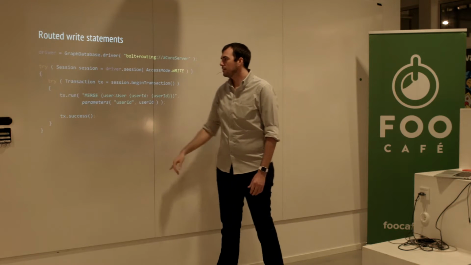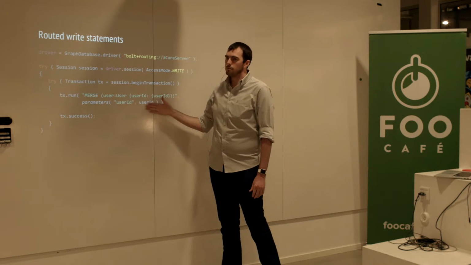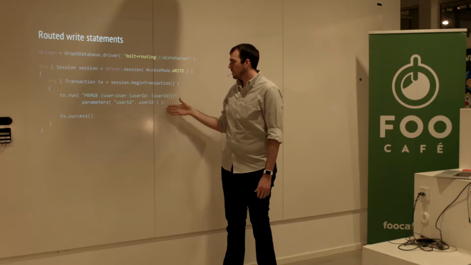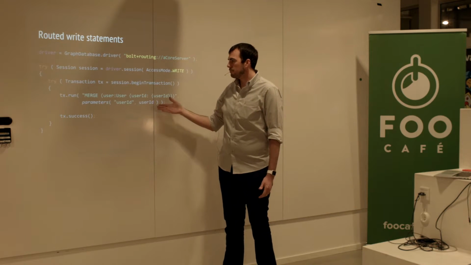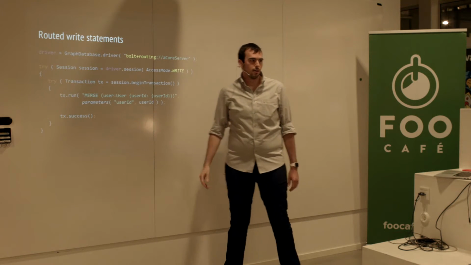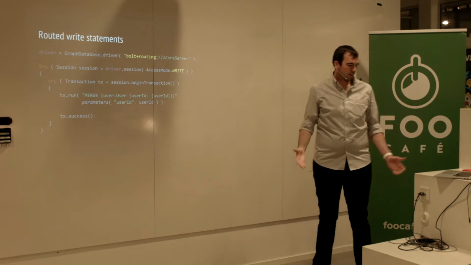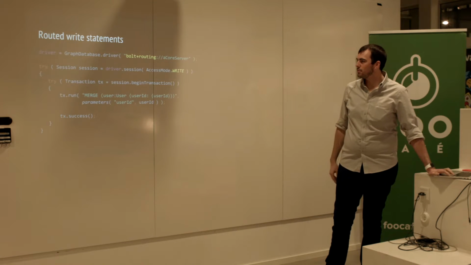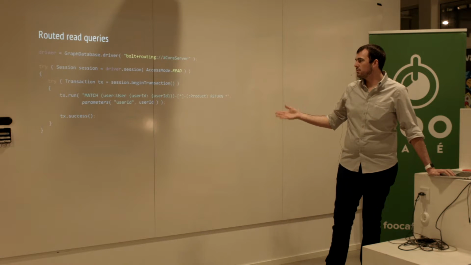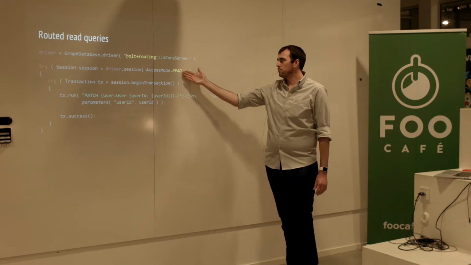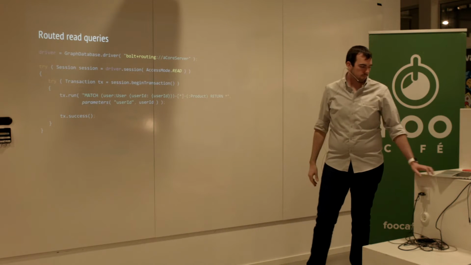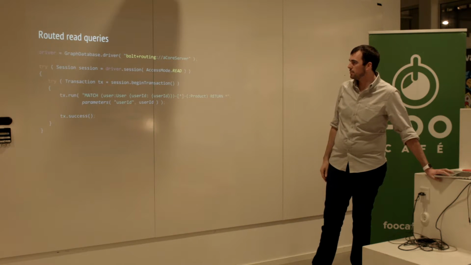You tell it to run that, and then you evaluate if anything went wrong, and if not, you mark it a success. It's that simple. Again, I'll show you an example of doing all this. The same thing with reads. You just have to change the access mode to read, but otherwise it's the same way to interact with the database.